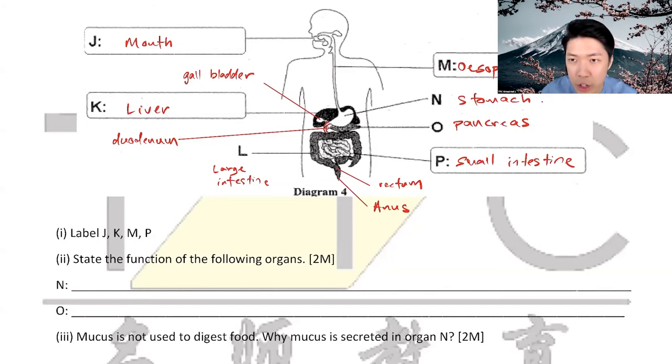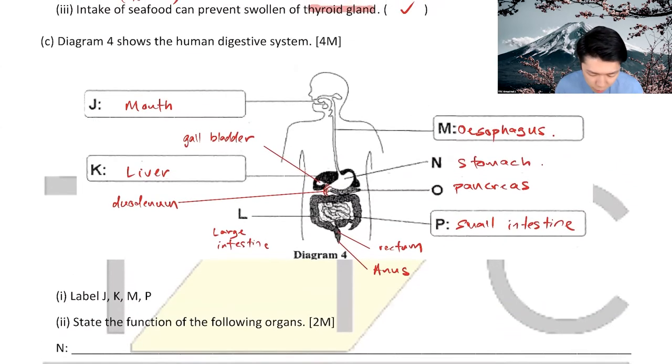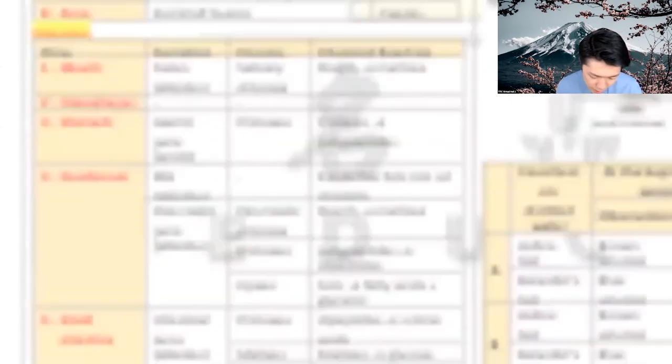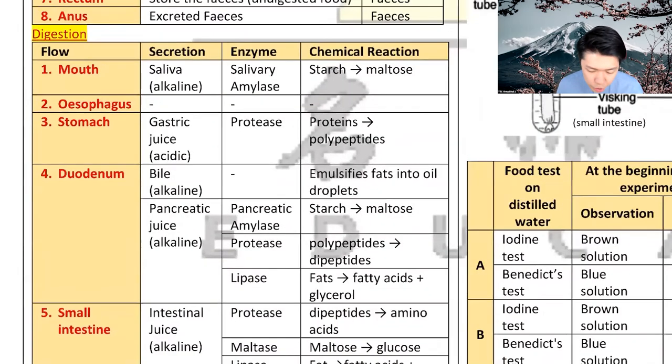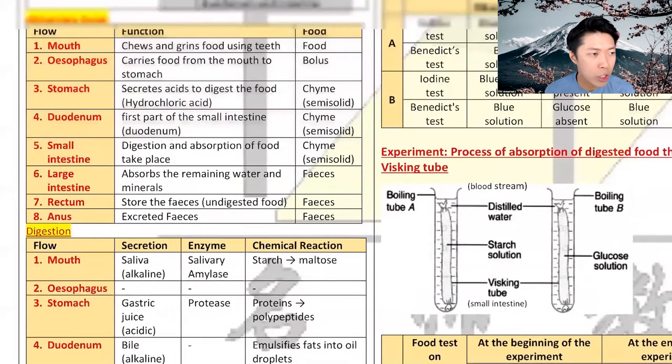So everybody take a look at your chat box. Secretes hydrochloric acid and protease to digest protein. Okay, so if you're asking, can I just write digest protein or to digest food?